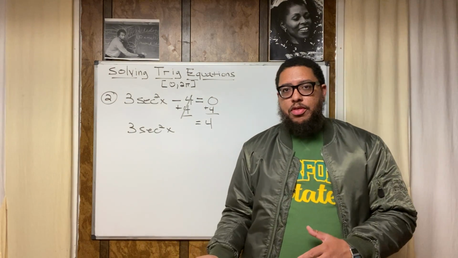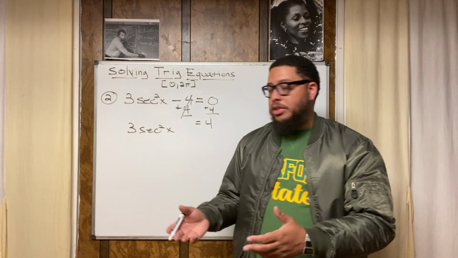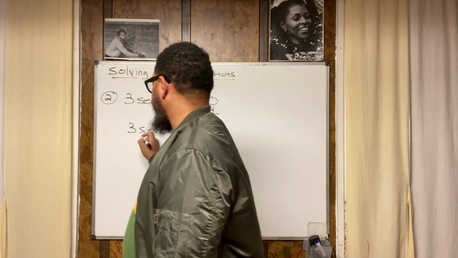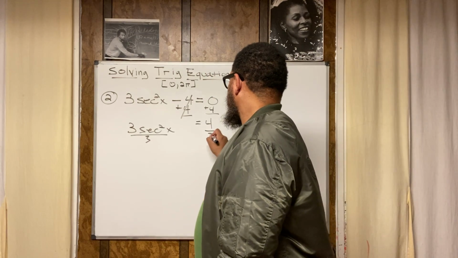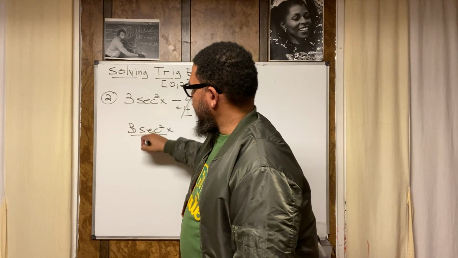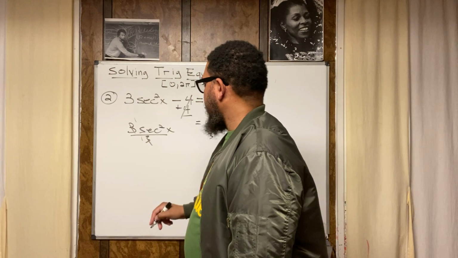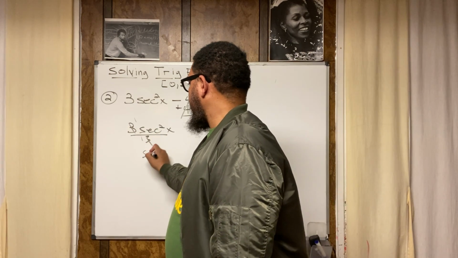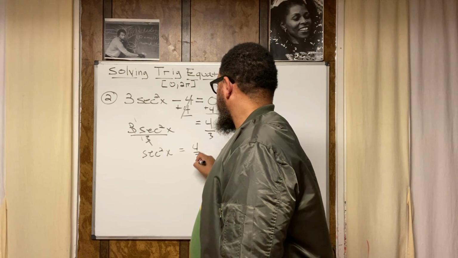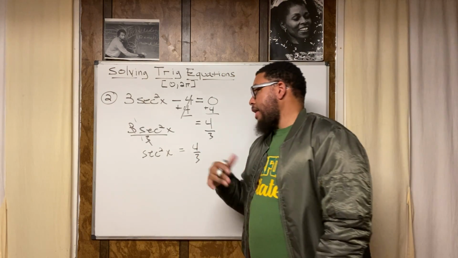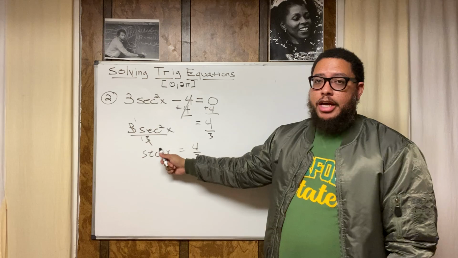But let's divide by 3 on the left side, divide by 3 on the right side. So these 3's cancel out and turn into 1s, leaving us with just secant squared of x is equal to 4/3.